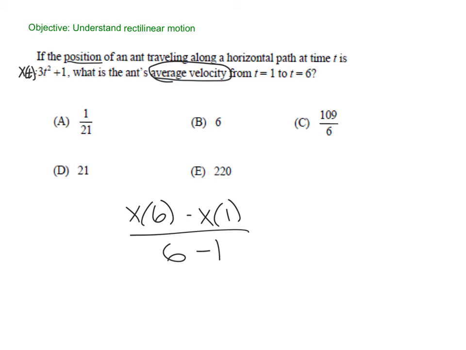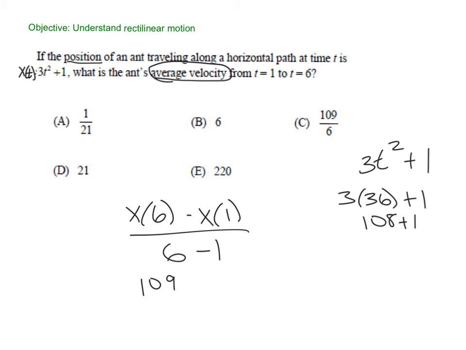So we're going to plug into 3t squared plus 1. So let's see. 3 times 36 plus 1, that's 108, 109. So we get 109 minus, when I plug in 1, I get 4. It's 105 over 5, which is 21.